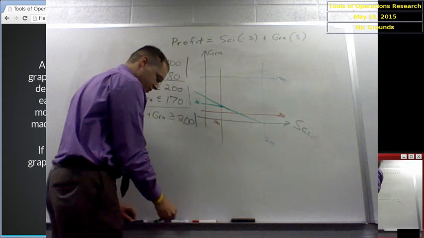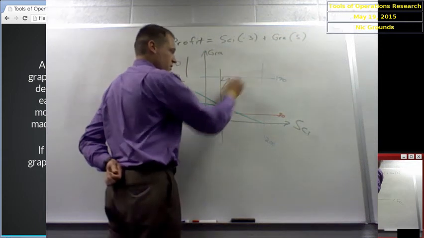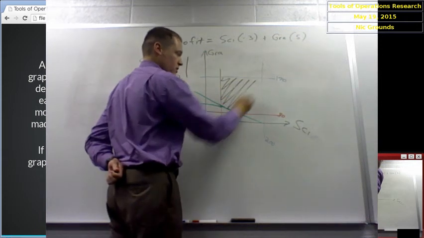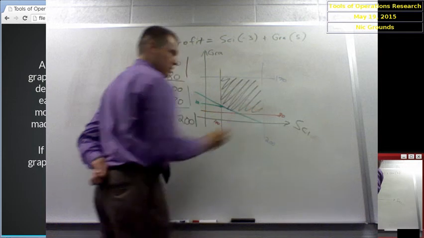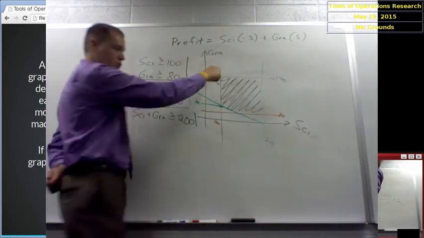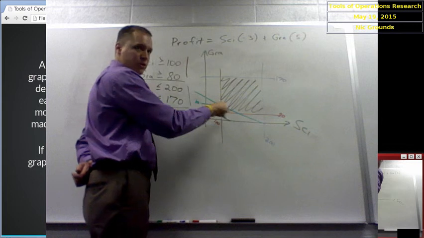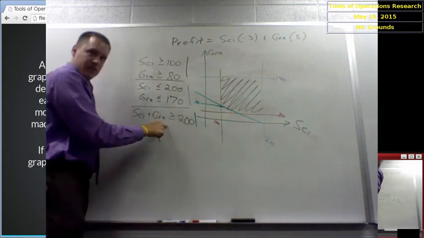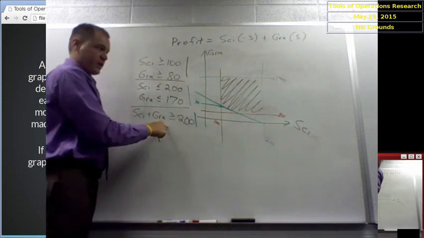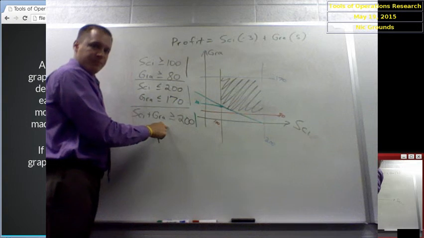So now we've limited ourselves to that space there. It's almost a square, except it's got one corner chopped off by the green shipping constraint.